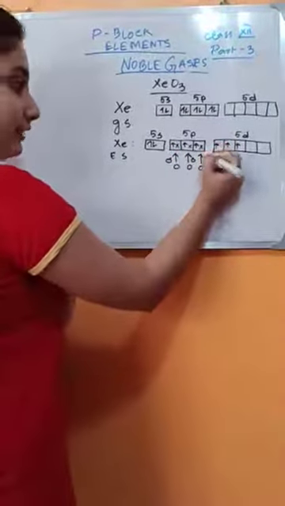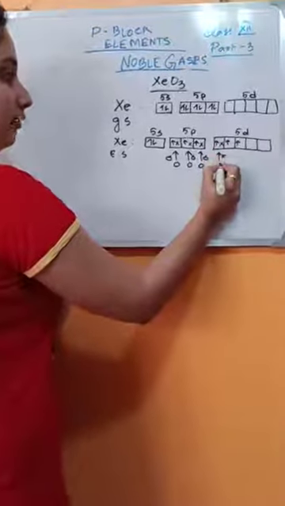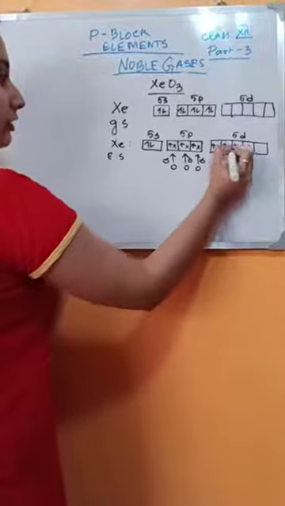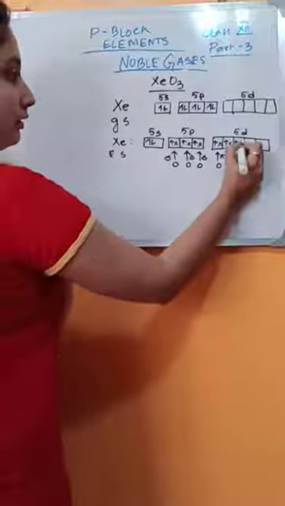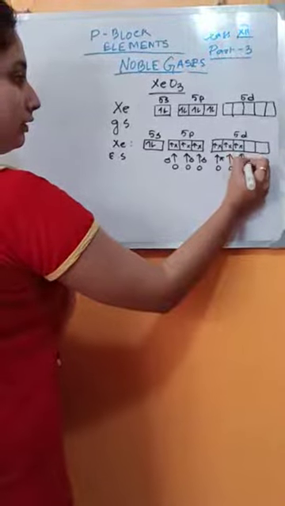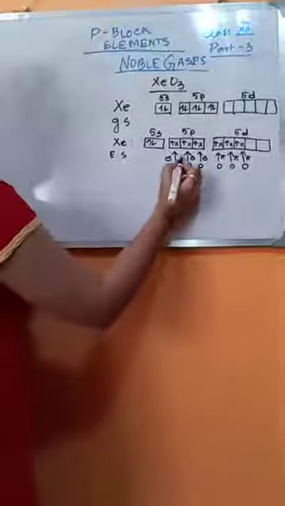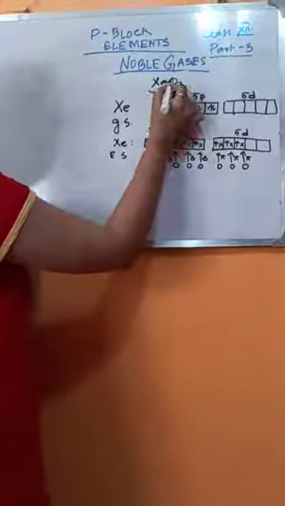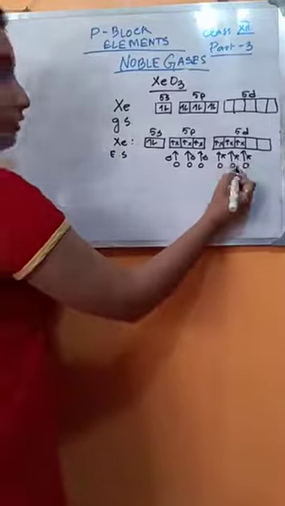Now these 3 oxygen atoms will form 1 pi bond each. The 3 oxygen atoms of xenon trioxide will form 3 sigma bonds and 3 pi bonds.